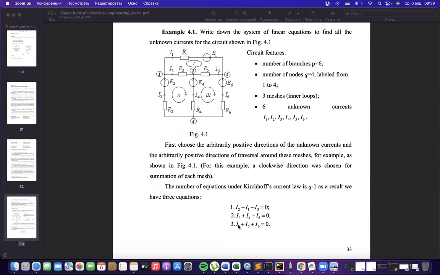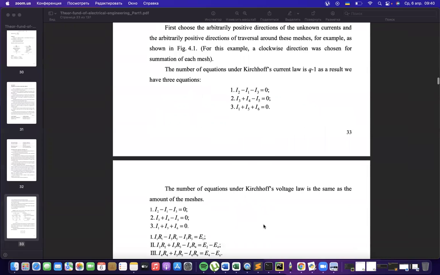If we have, for example, 6 nodes, then we could write 5 independent equations, and the last one will be dependent on them. I mean dependent mathematically. That is why for the nodes, we are writing the number of equations smaller by 1 than the number of nodes. Here, from the 4 nodes, we are writing 3 equations for currents.